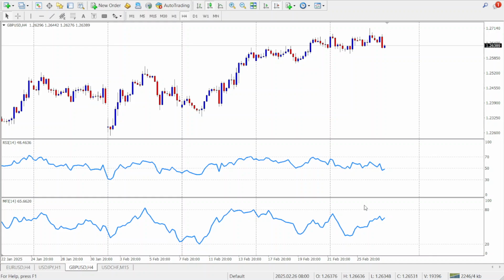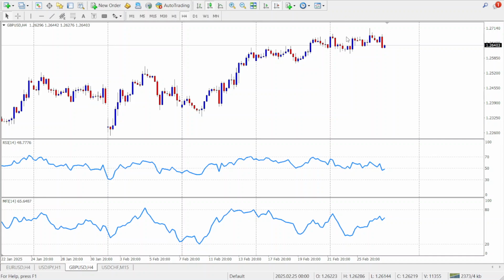But here is a pro tip. You don't have to pick just one. The RSI and the MFI can be used together to filter out weak signals and improve your trade accuracy. If both indicators confirm an overbought or oversold level, that is a much stronger signal.